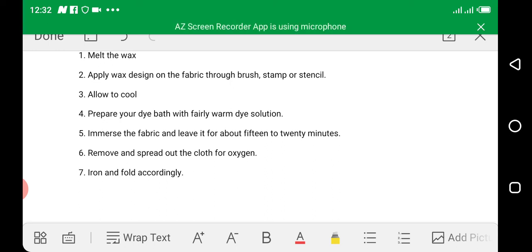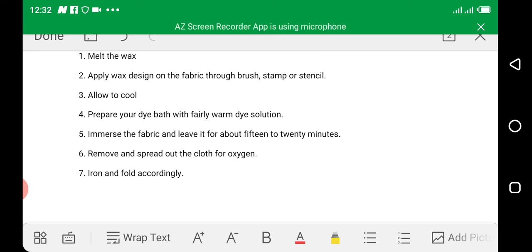Why? Because if the wax is not cool on the fabric, there is every tendency that it melts out during the major dyeing process. So you leave it to cool down. Then prepare the dye bath with fairly warm dye solution. Why? Because if the dye solution is very hot, it will melt the wax.